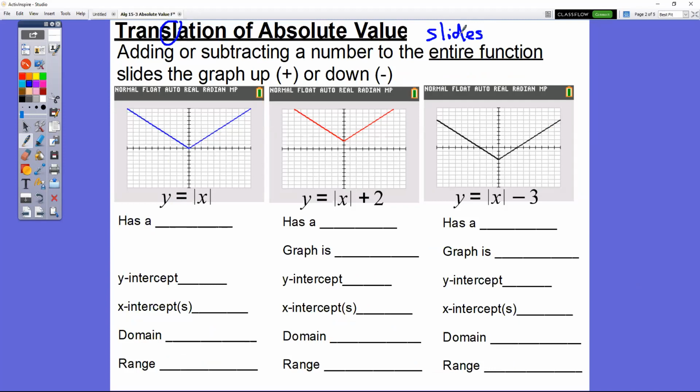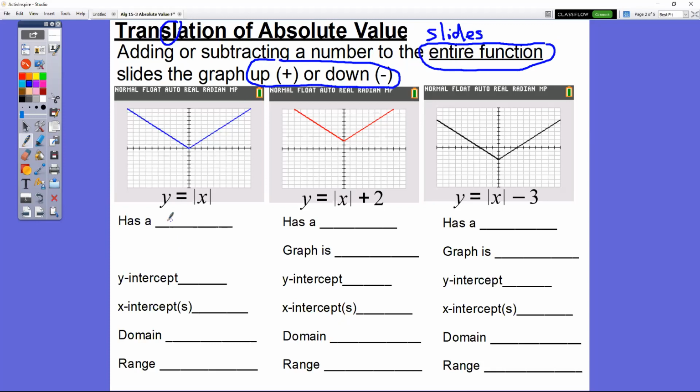By adding or subtracting a number to the entire function, it slides it up or down.